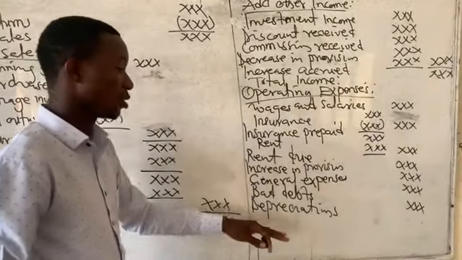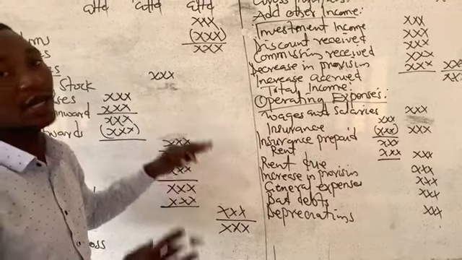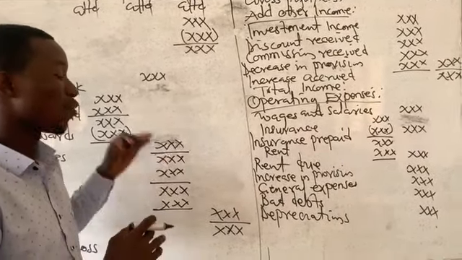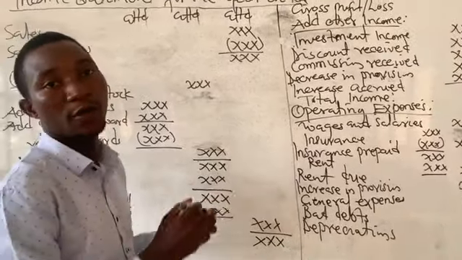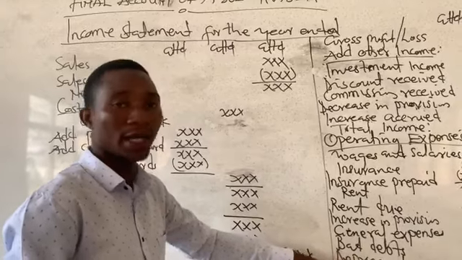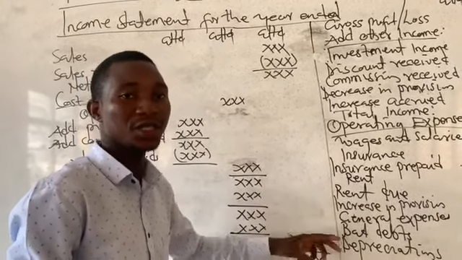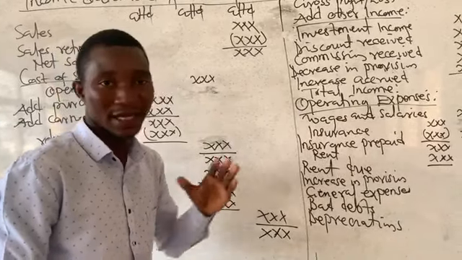But mind you, when an income statement question is being given, the question will be given in the form of trial balance and additional information. So the depreciation I'm talking about here is the current depreciation that is found in the additional information, which will be treated as an expense.